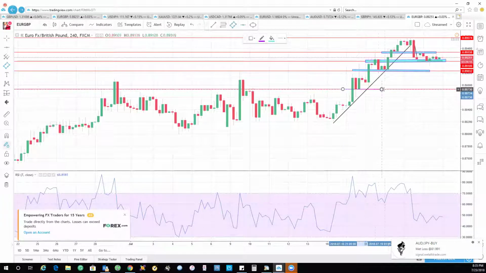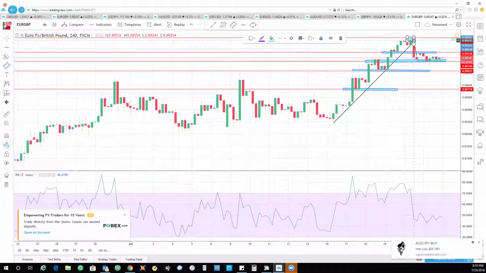And last but not least. Okay, then once again, confirmations. Got 3 wicks. One right there. Okay, so 3 wicks right there.